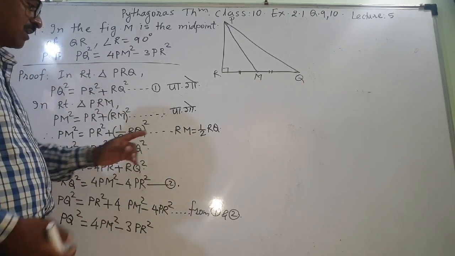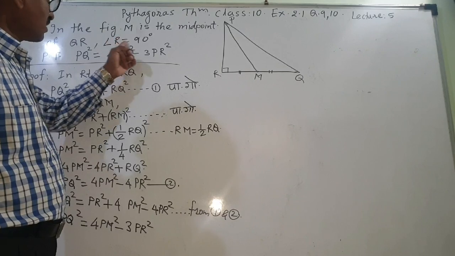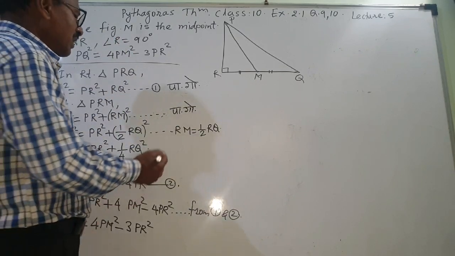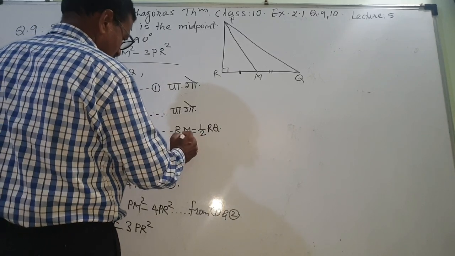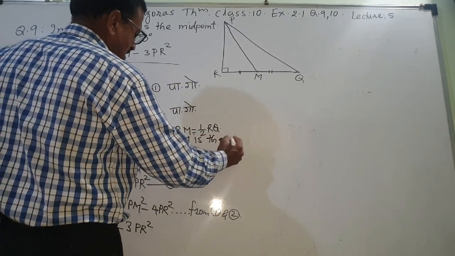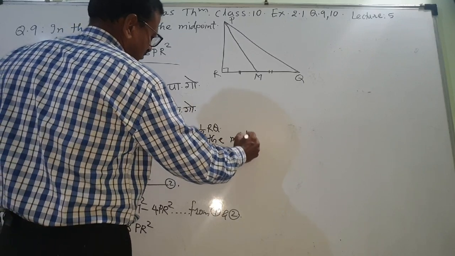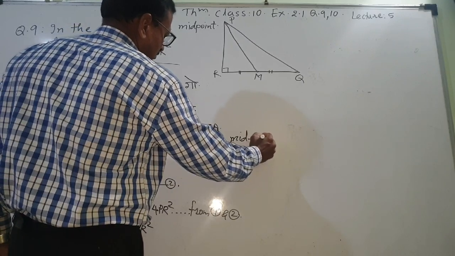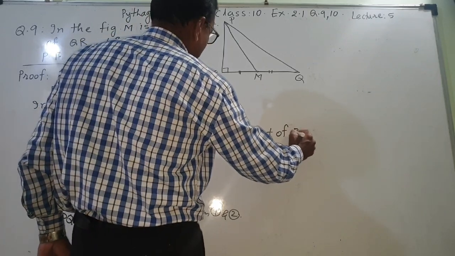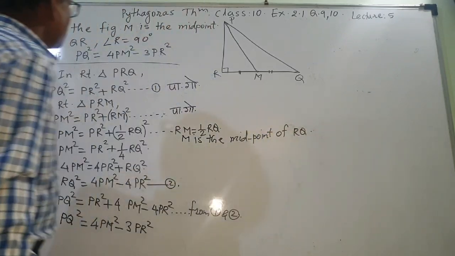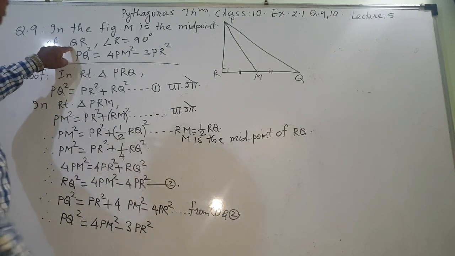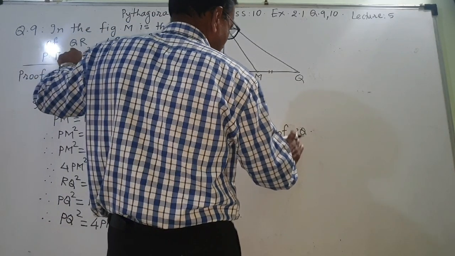The reason is M is the midpoint, it is given. So RM is equal to half of RQ, or you can write M is the midpoint of RQ. They have given midpoint of QR, so we will write QR.